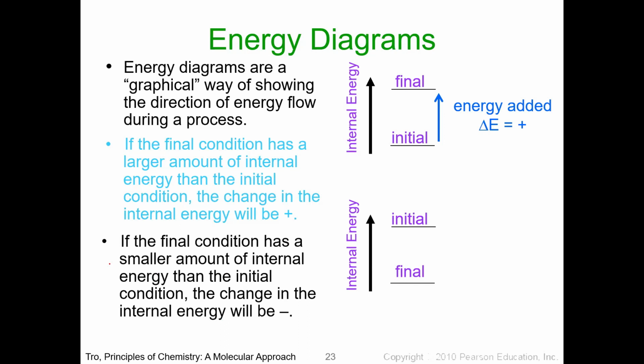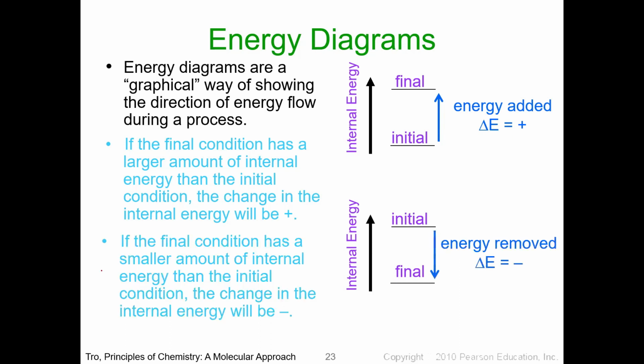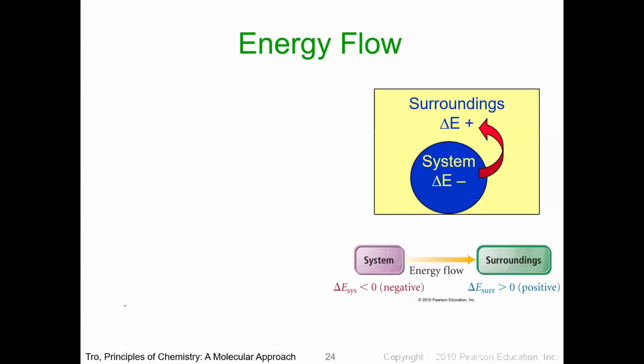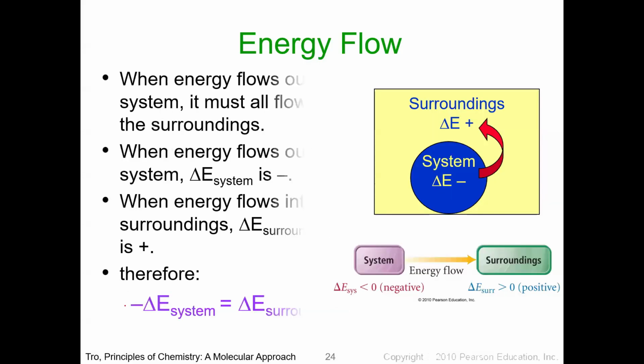So you should understand this condition. If the final is higher, you subtract the initial, so it will be positive. But if the final is lower than the initial, when you do your subtraction, it will be negative. So that is that.